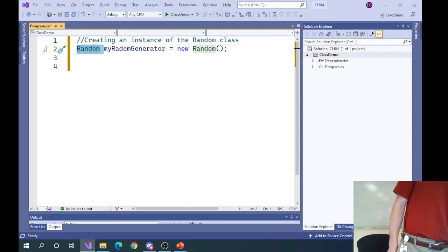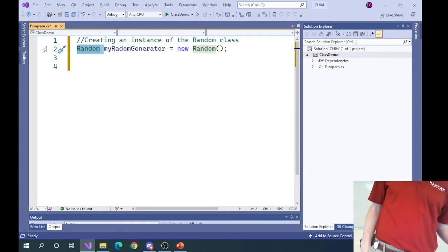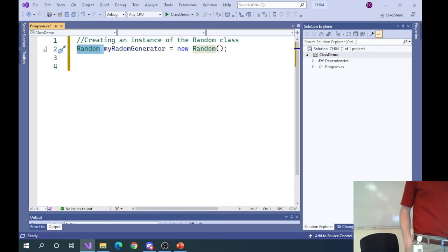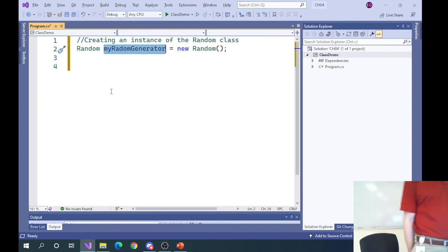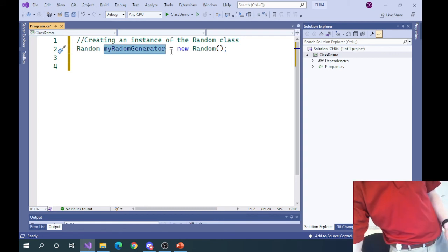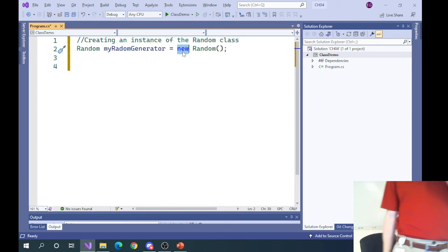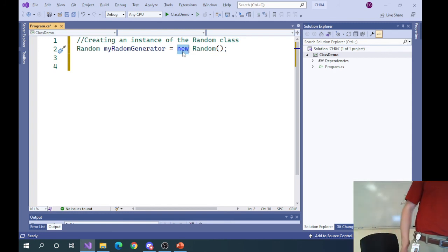Random is actually a data type, like double. My random generator is your identifier. It's just the name of your variable. Then the assignment operator, and the keyword new. When you see the keyword new, you know an object is being created.